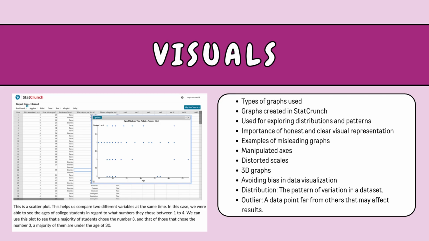Right away, we're able to see that for the most part, the majority of students answered number 3, because that just has more dots in the line. And just quickly looking at it, it looks like the majority of answers were grouped more towards under 30.